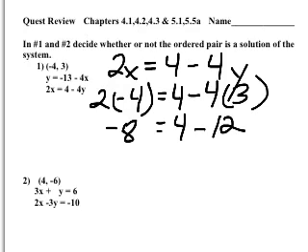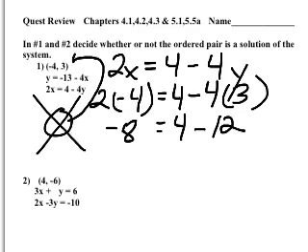So it works in both of those equations. So it's a solution to the system. The system is two equations. Like I said before, these two equations are going to be two different lines that cross at one point. And that point will be that point.